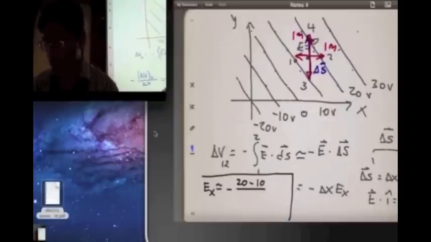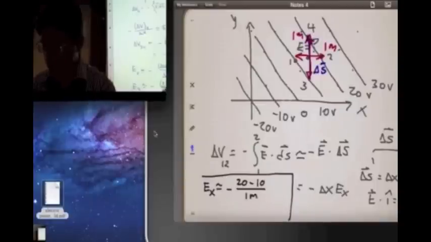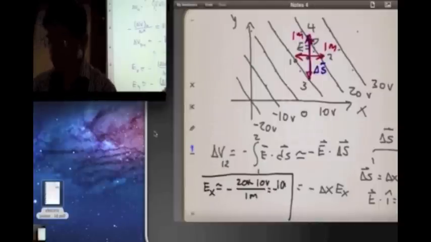So that's 20 volts minus 10 volts divided by the distance between 1 and 2. That distance is 1 meter there. So 20 minus 10 is 10, divided by 1 is 10, so minus 10 volts per meter.